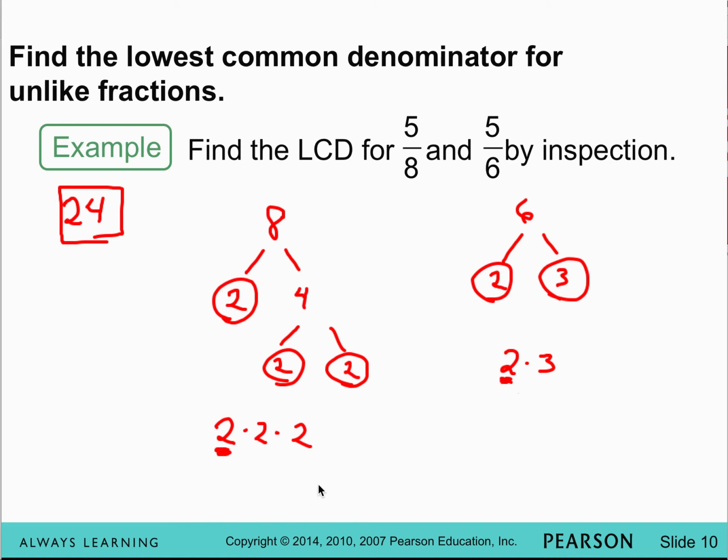They both have a 2. I'm going to take that. And then I go back, and if there's anything extra that I haven't taken, I'm going to take that also. And this right here is my least common denominator. Notice what this is. This is 4 times 6, or 24.